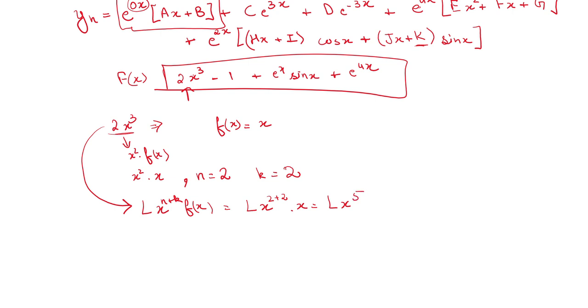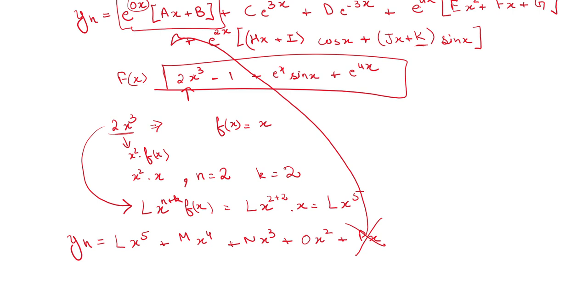So something like that will be in the homogeneous equation. So let's start writing it: x raised to the power 5, then it will also take x raised to the power 4, x raised to the power 3, x squared. So this is where we will stop writing more, because the x term is already included in the homogeneous equation.